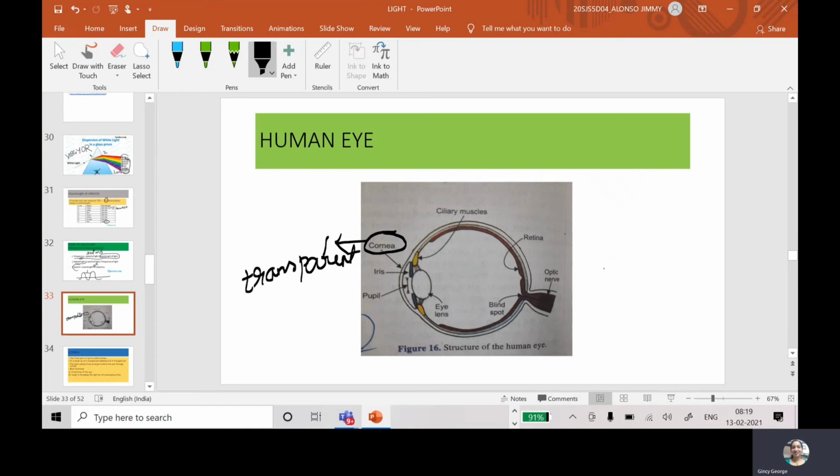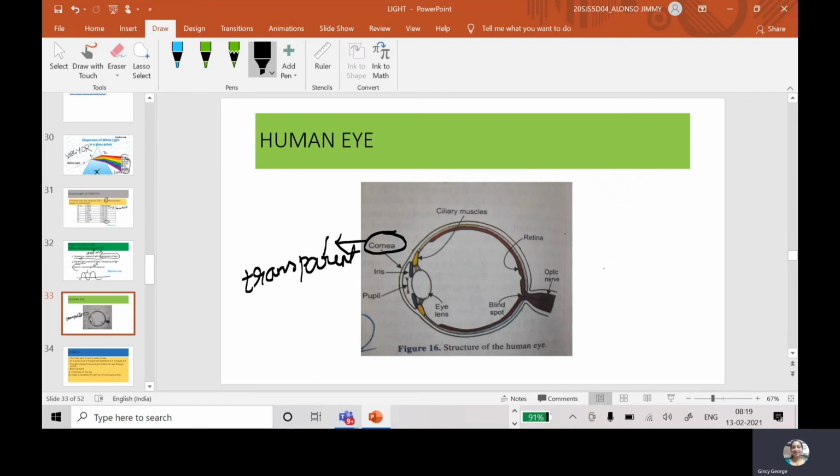Transparent means it completely allows light to enter through. Translucent means partial transmission. Opaque means it does not allow any light to pass through. So the cornea should be transparent so that light can enter inside the eye and form an image. Otherwise, vision is not possible.